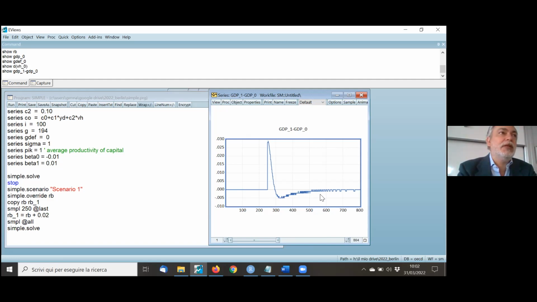So a mainstream economist would shout out and say this is crazy. So we should actually also in this type of simple model have some negative feedbacks of interest rates on investment or consumption.